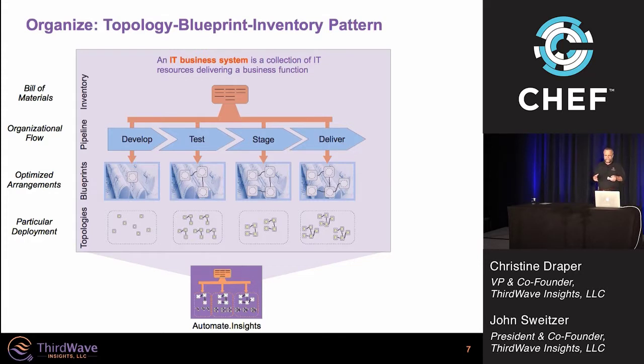In the middle, you have these blueprints, or ways of talking about what you want the topologies to look like at their different phases. Below the blueprints, down at the bottom, you have the particular topologies. If different groups are able to bring their topologies in, and the software helps organize them into blueprints in the different stages, then you can start reasoning about the various pieces.